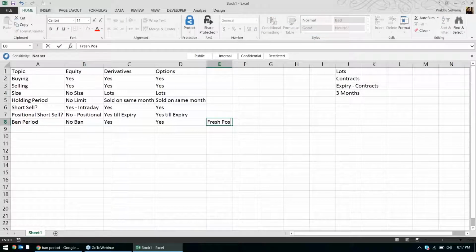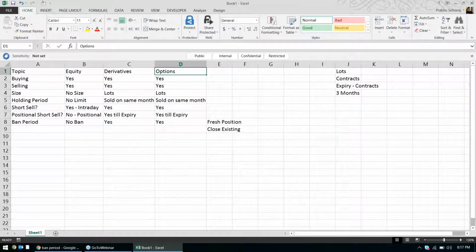If the security is on ban period, you cannot take a fresh position. However, you can always close the existing position when it is ban period. In ban period, I said you cannot create a fresh position.